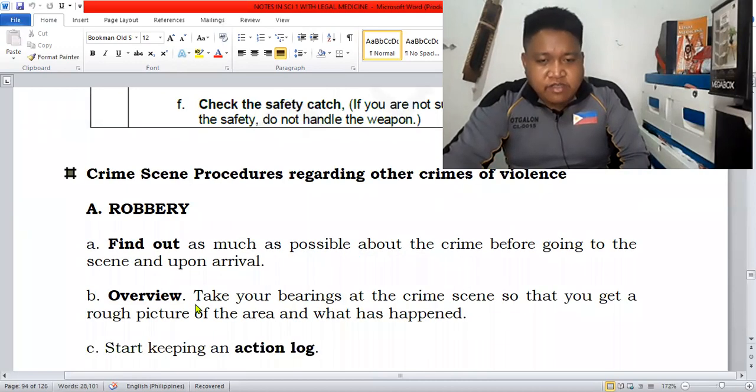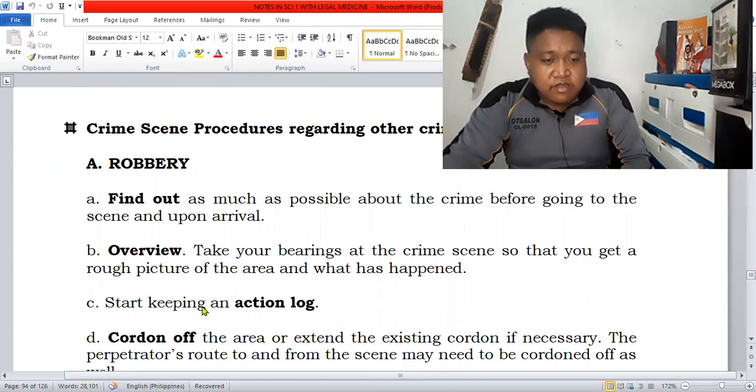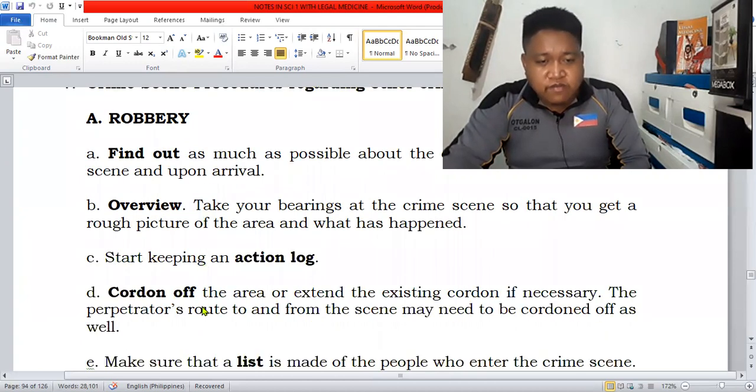Take your bearings at the crime scene so that you get a rough picture of the area and what has happened. Yeah. Start keeping an action log. Cordon off the area or extend the existing cordon if necessary. The perpetrator's road to and from the scene may need to be cordoned off as well.